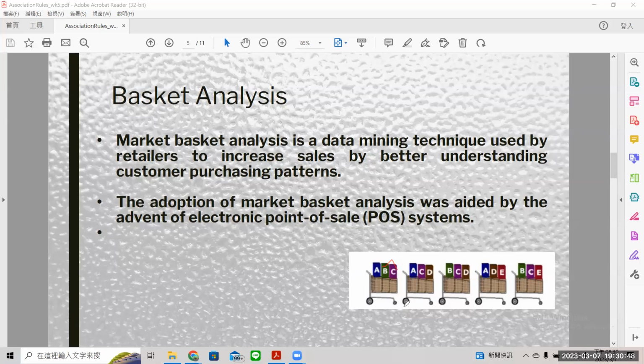Because they know many people, for example 60%, once they buy a B item, will buy the C item. So in the physical location, I can put these items as close as they can. So once the customer comes in, he buys the item, and because it's very close, he will buy the C item at the same time. Also promote our sales, right? So that's very good.